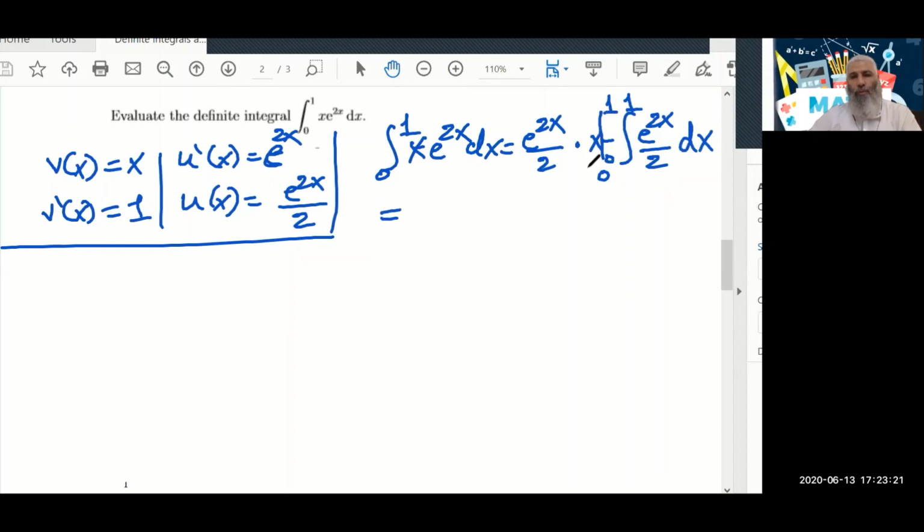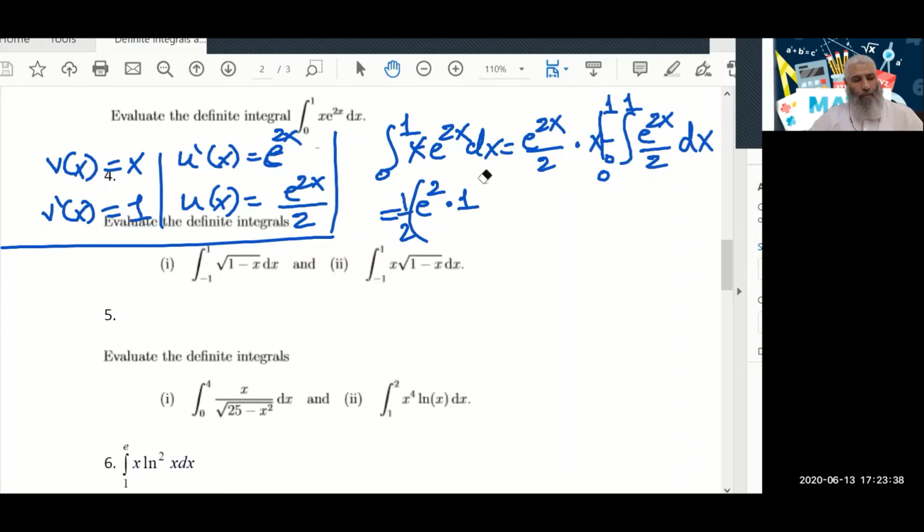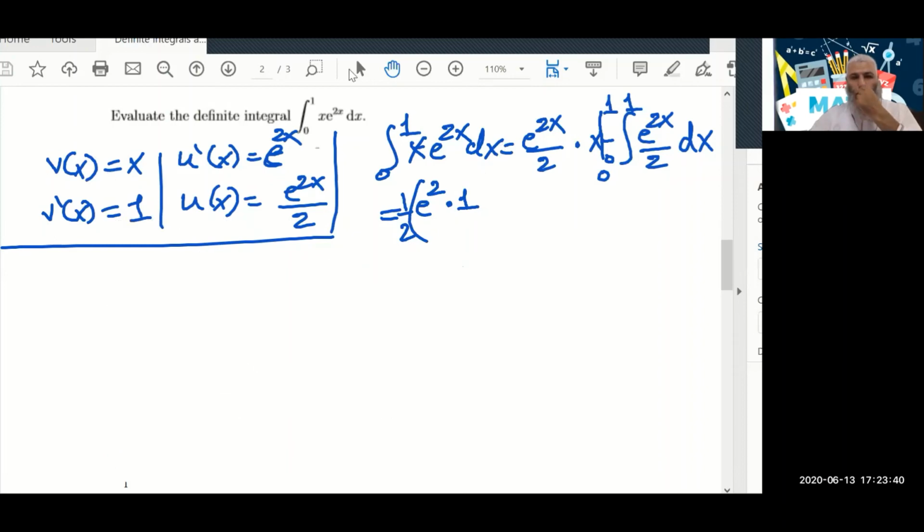For this part I will substitute e power 2 multiplied by 1, and we can take the 1/2 outside, and minus e power 0 multiplied by 0. So this part will be equal to 0.